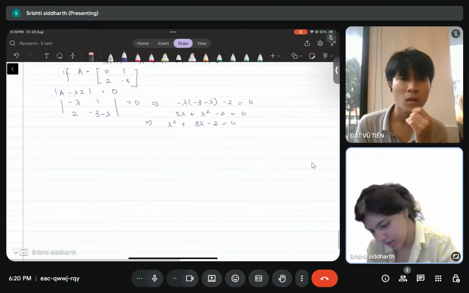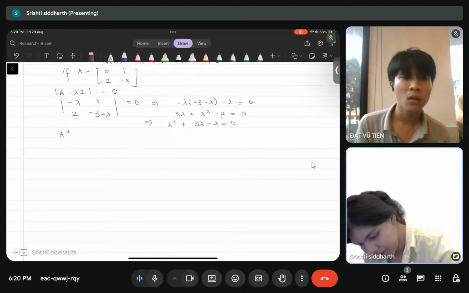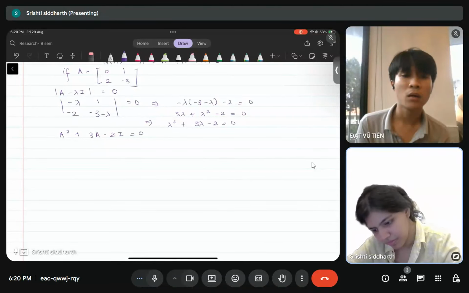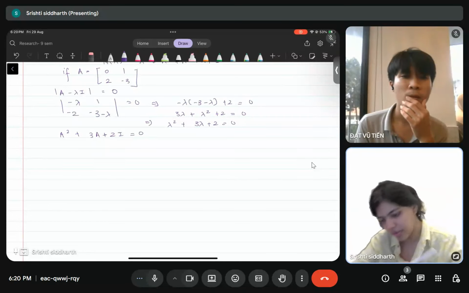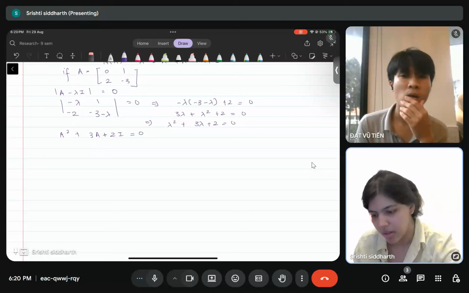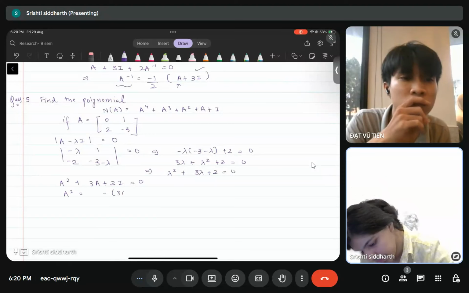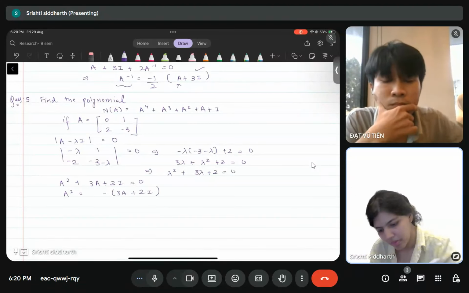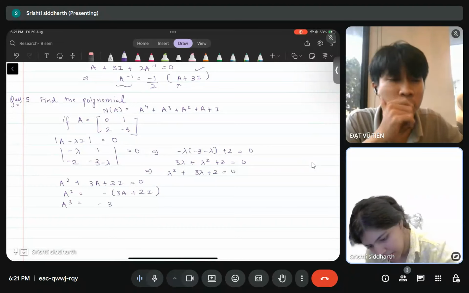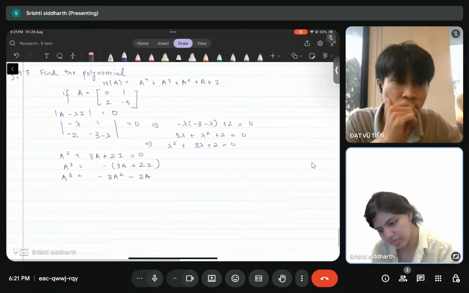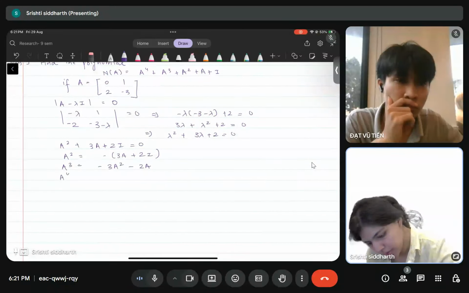Okay, so according to the Cayley-Hamilton theorem, this becomes A squared minus 3A minus 2I equals 0. Just a second, I think this is minus 2. Now we need to find out, we already have A squared, so A squared is 3A plus 2I. A cubed becomes 3A squared plus 2A. And then A to the power 4 is A times A cubed.